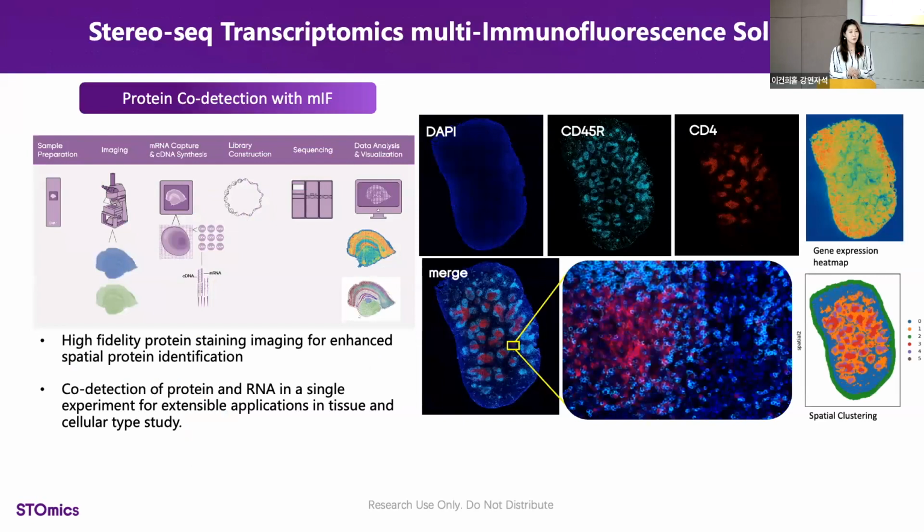So we are also offering a Stereo-seq multi-immunofluorescence solution currently. We are allowing protein co-detection with a conventional multi-immunofluorescent assay. This allows for high fidelity protein staining of the image and for enhanced spatial protein identification along with the unbiased whole transcriptome information.